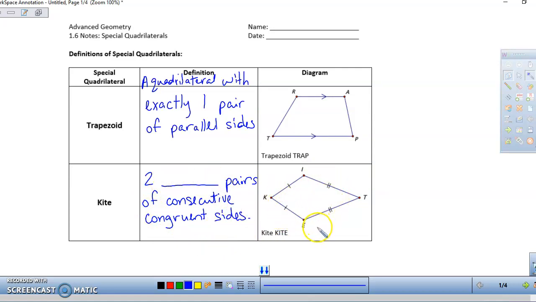And if you have all four congruent, that is not a kite. That's something else. So what we say here is you have two, and we use the word distinct. So that accounts for the fact that you can't have all the four be the same length. You have two distinct pair of congruent consecutive, so one right after the other, congruent consecutive sides.